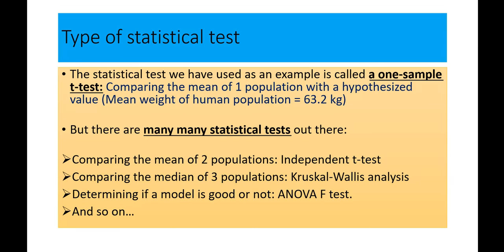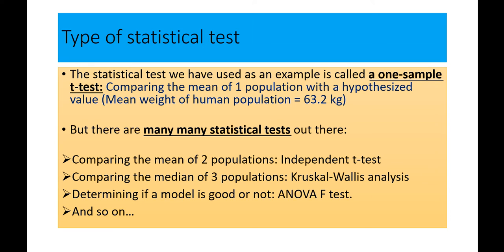You will always need a hypothesized value in a one sample t-test, okay. You will not have a statistical test that says, oh, the mean of that population is this, it's not this. In a one sample t-test, you need to create or to know about a hypothesized value. And based on the one sample t-test, you will know if that value is feasible or not, okay?